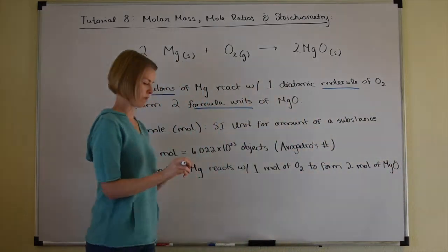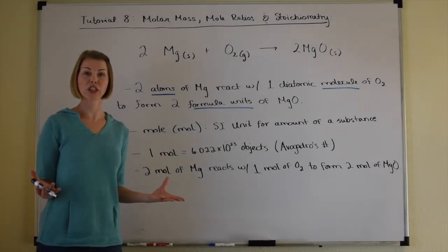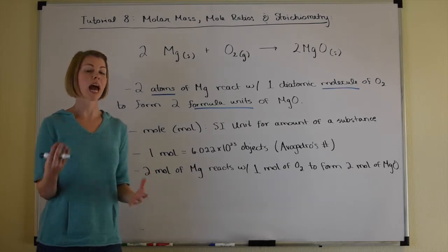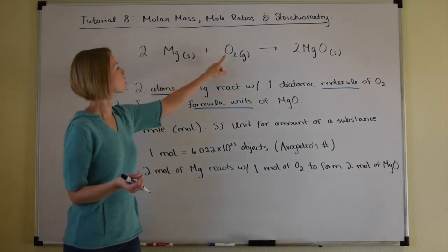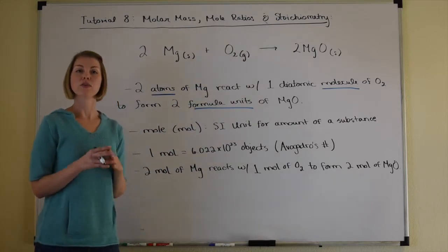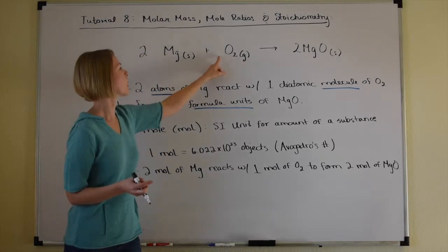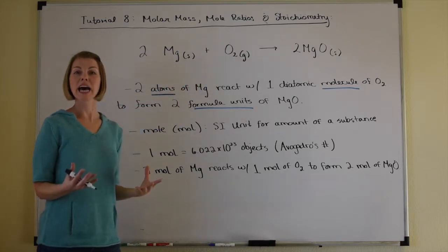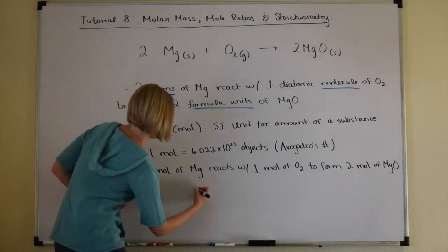All right. And we can get from any balanced chemical equation the relationship between any 2 substances. So let's just pick the 2 reactants. The relationship between the 2 reactants is a 2-to-1 relationship. We can write that relationship as a mole ratio.